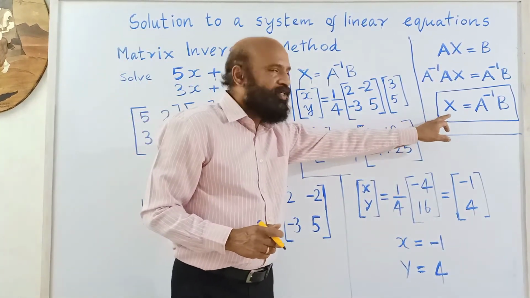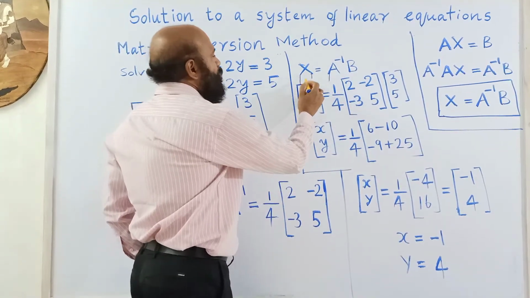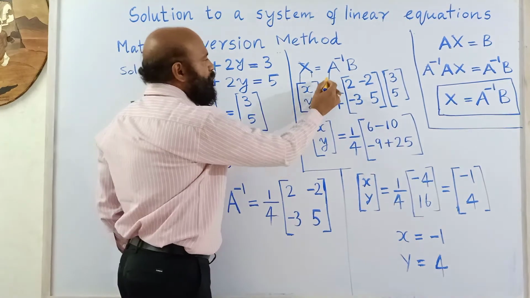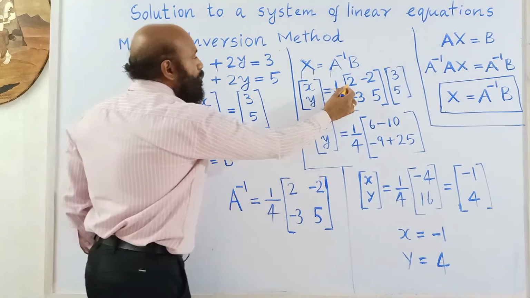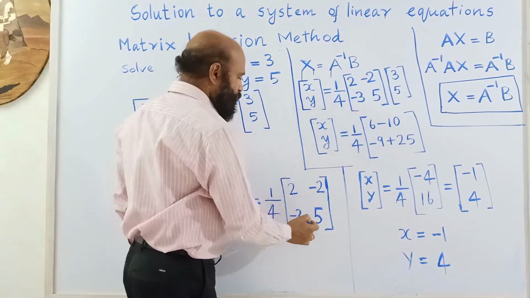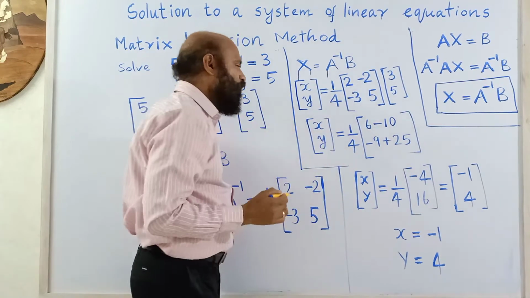Then as per this equation, X is A inverse B. So the solution set X, Y, A inverse is this matrix 1 by 4, 2, minus 3, 5. Then B, these constants 3 and 5.